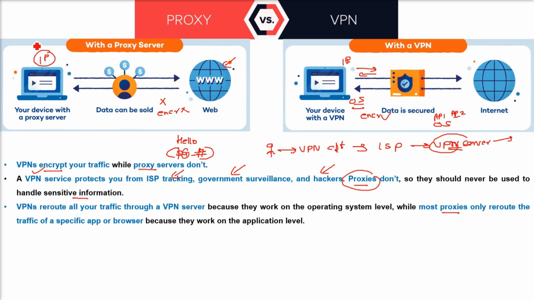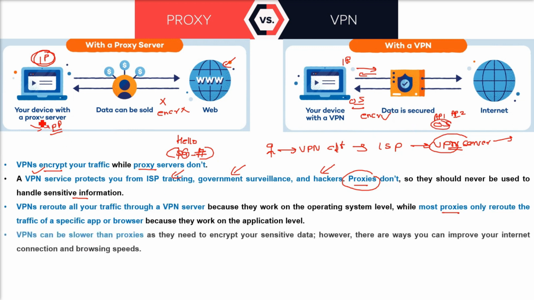For proxies, you have to configure each proxy for each application. But only working on one app will not solve your issue, because while you are working on one app, the other app can also send and receive data. In VPN, it works on the operating system level.